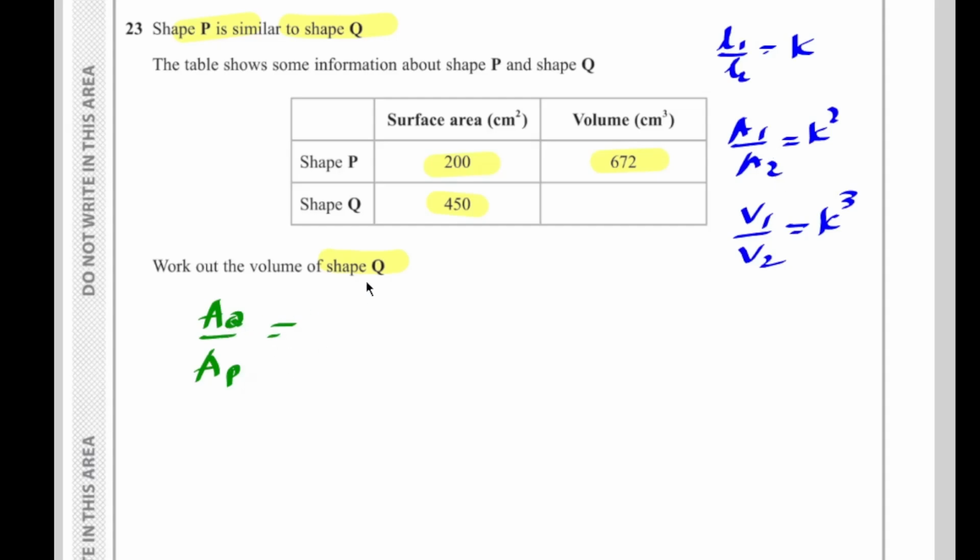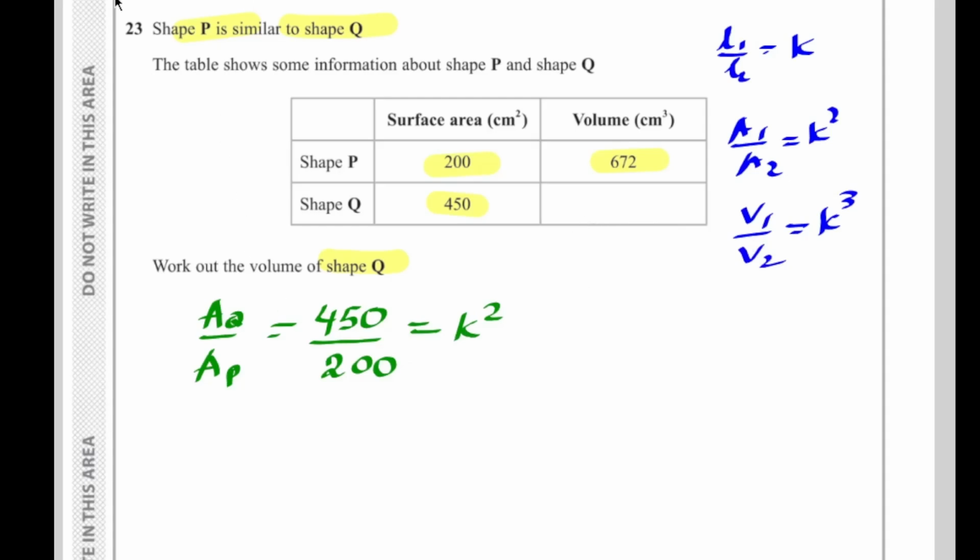Area of Q is given as 450. Area of P is given as 200. Now I know that this is K squared. I want to get what K is. Then I can cube it and apply it for the volume.